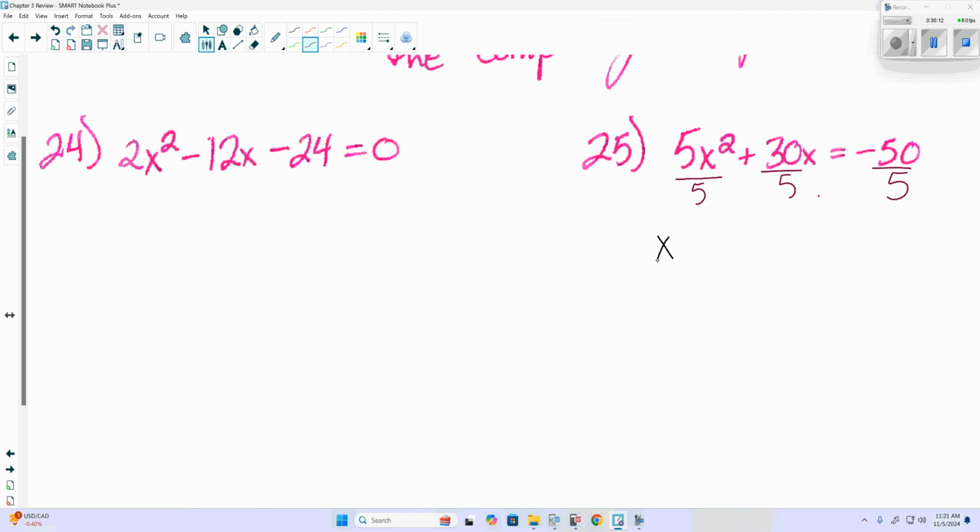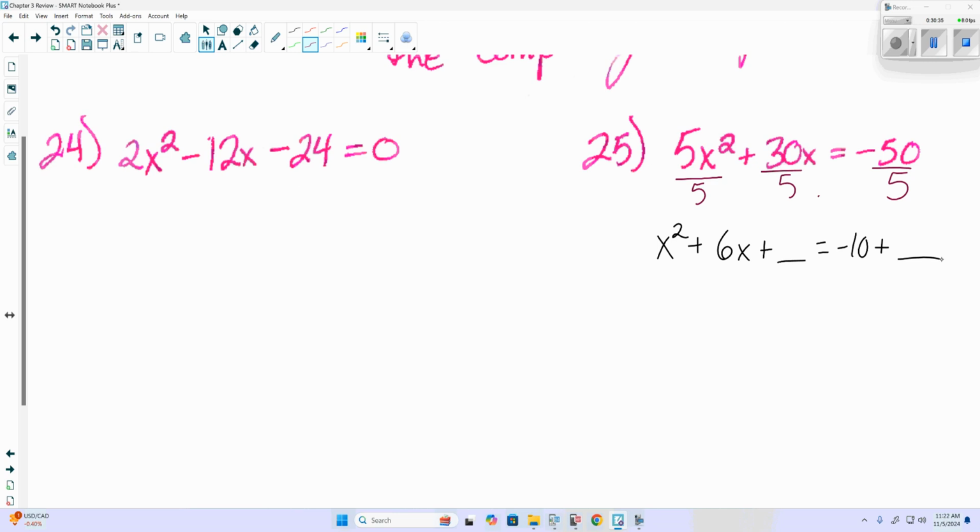5x squared divided by 5 is x squared. Plus 30x divided by 5 is going to be 6x. We'll leave a blank because we're going to have to find c and plug it in. And negative 50 divided by 5 is negative 10. So really, we did step 1 and step 2 at the same time.